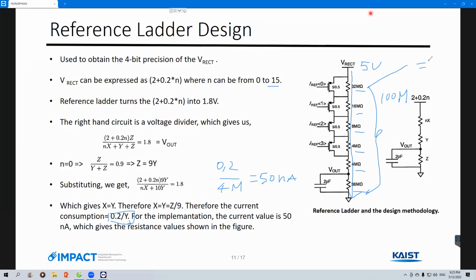So it will be 50 nano, right? When the voltage reference changes, the overall resistance also changes. So it will be Vref, right? Yes. So the current here is the power consumption of this reference ladder.